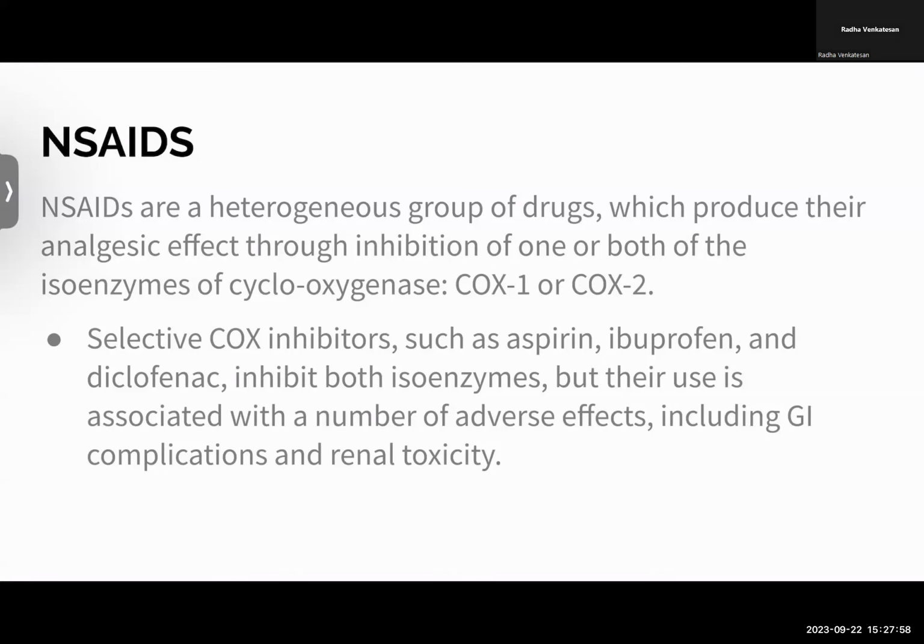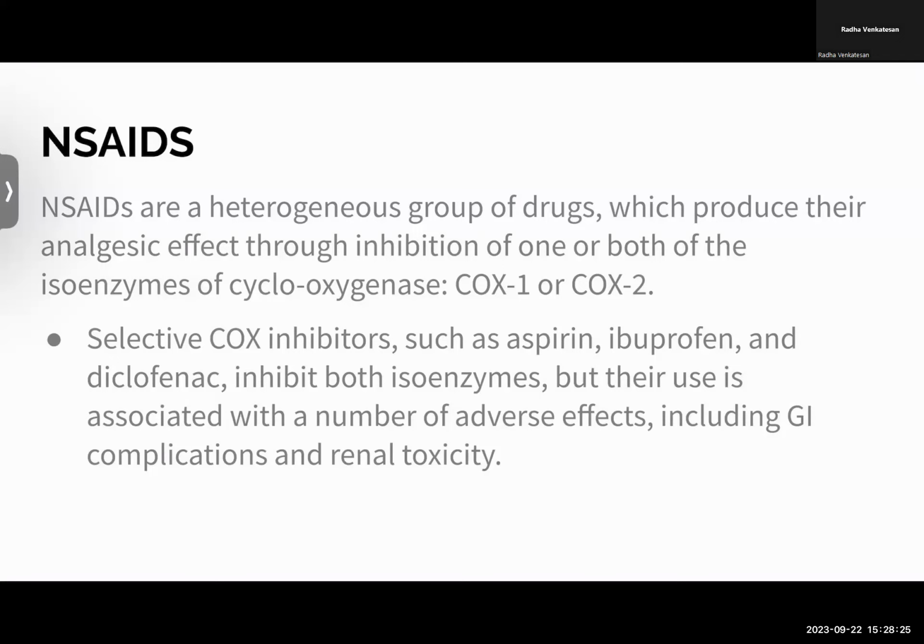Examples are aspirin, ibuprofen, and diclofenac. Some, like aspirin and ibuprofen, act on COX-1, and diclofenac on COX-2.